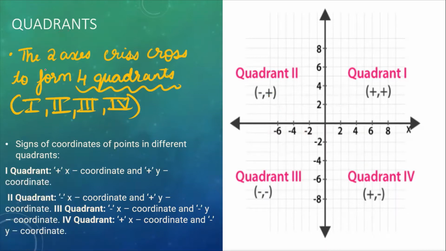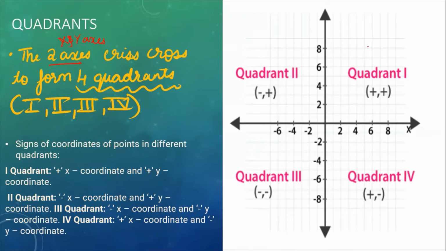So the two axes, the x and y axes, crisscross to form four quadrants. Quadrants are nothing but the places that are formed when two axes crisscross each other.